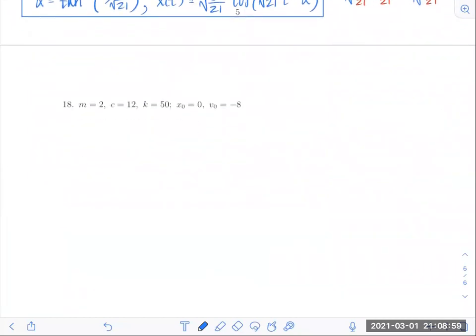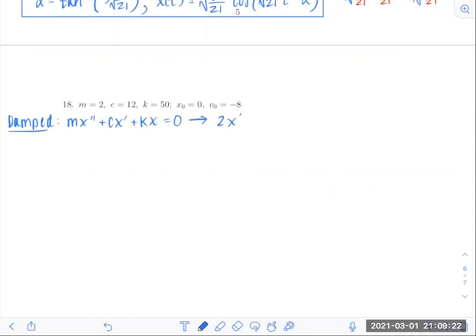Okay, so here again, we're going to start with damped motion. We're assuming that damping constant c exists, and we're going to use the formula mx double prime plus cx prime plus kx equals 0. We'll plug in all of our given information.